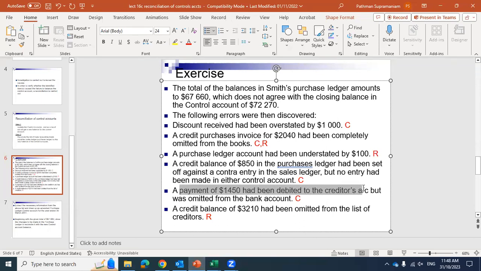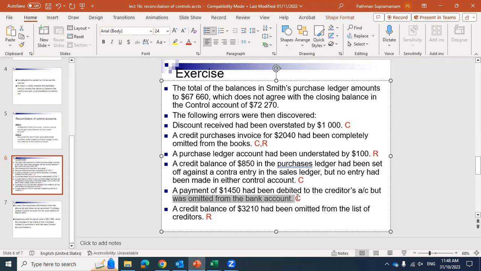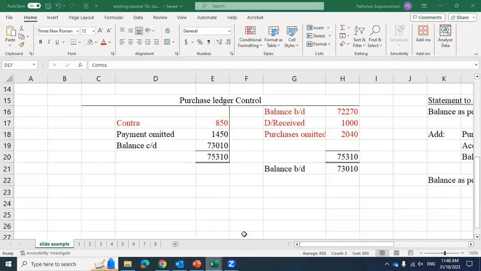So this is already done in the purchase ledger, which means this 67,660 is after deducting 1,450. But this 1,450 was not recorded on the credit side of the cash book. So hence, the payment would be understated by 1,450. So which means we need to debit a further 1,450. Okay, so that's all for the C items.